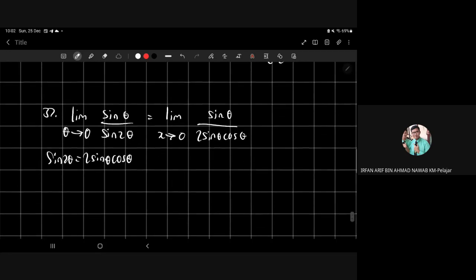We could simplify it, make it tangent, and find that value. But the question wants us to use the theorem, the limit as theta approaches 0 of sine theta over theta, so we cannot simply evaluate it from there. We have to use this method.